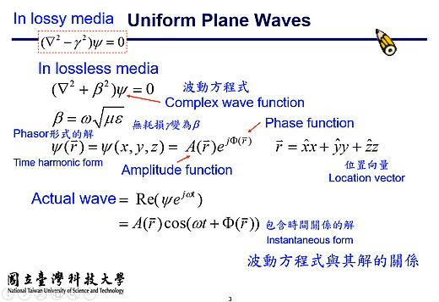So in this chapter, the important thing that you should know is the form of the solution of the wave equation. Phi can be the electric field or magnetic field, so it's a general expression for the E and H fields. As you can see here, in the parenthesis is R, not gamma.